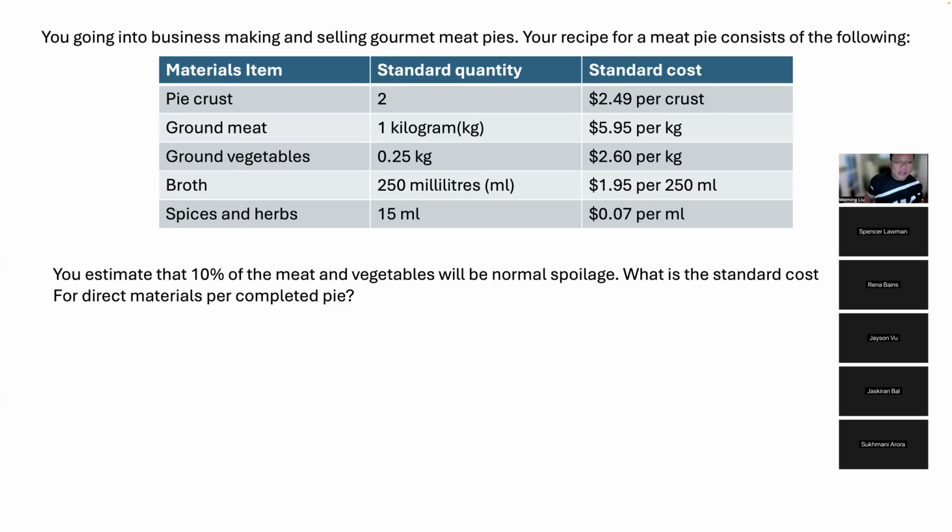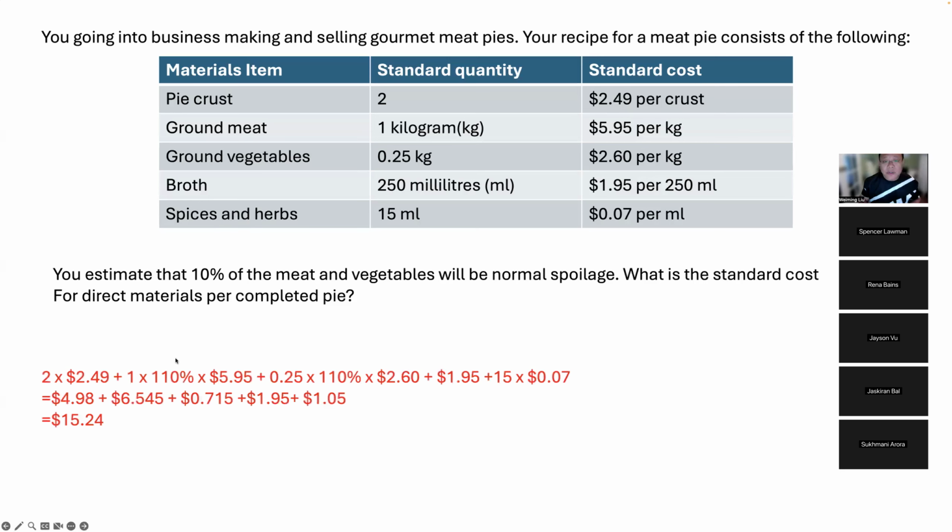So now you calculate the cost. I have 2 pieces of crust. Each one will be $2.49, so 2 times 2.49. You need 1 kilogram of meat, but you have to increase that to 110%, because 10% will be the normal spoilage.